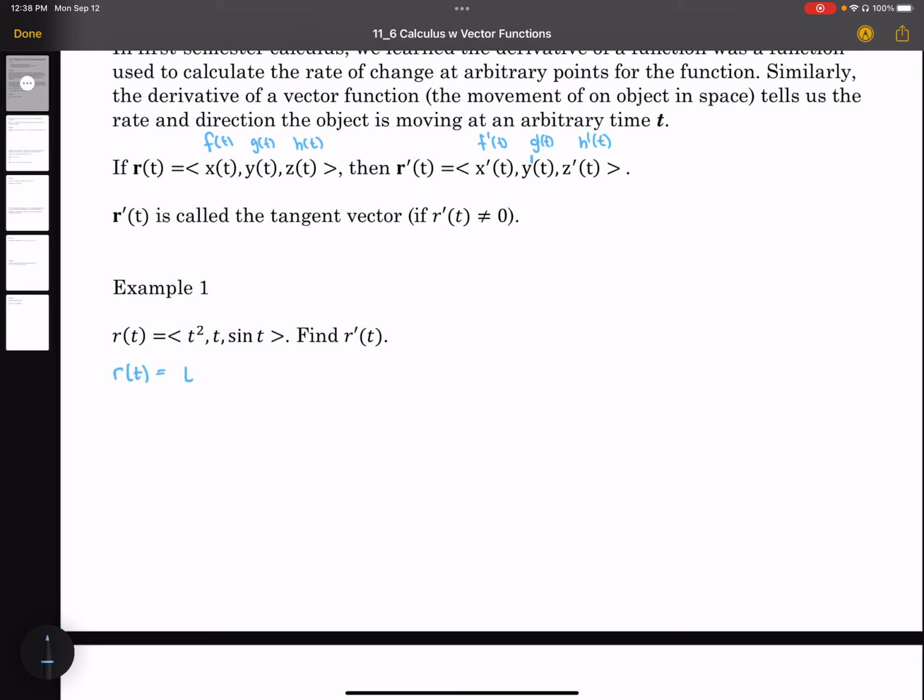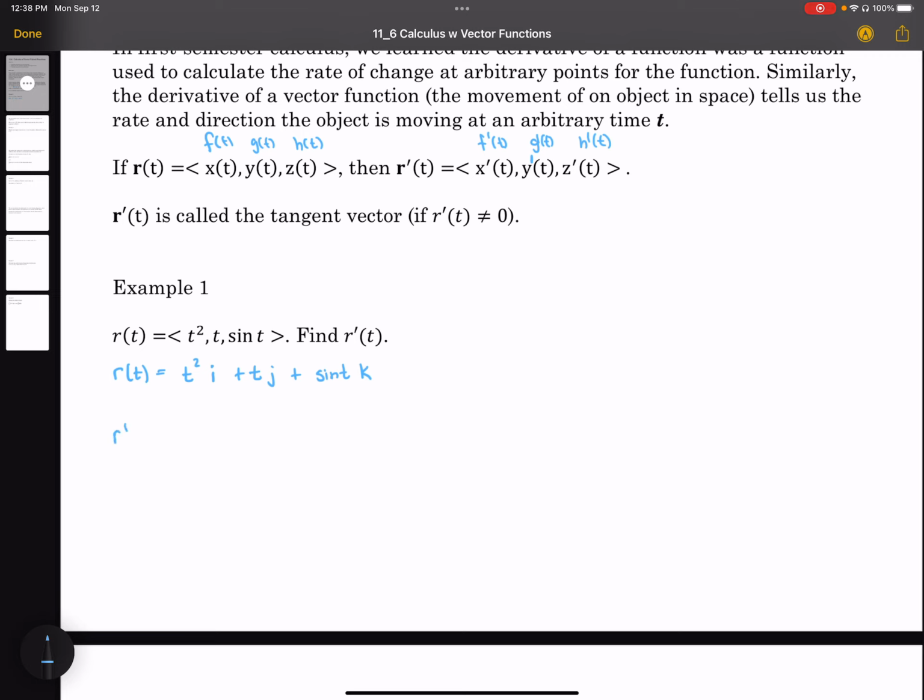That would be if we had something like t squared i plus t j plus sine t k. That would be the unit vector form for this. For my purposes, I would strongly prefer the component form. It gives us the same information and we just write less.